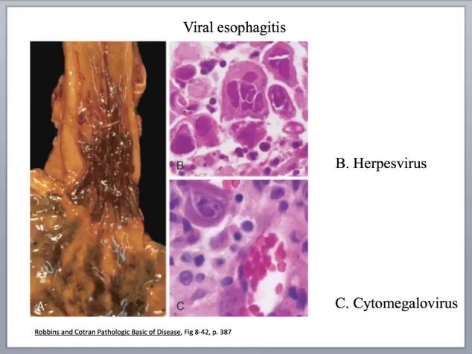Panel B shows the typical viral cytopathic effects of herpes virus, including multinucleated giant cells and enlarged nuclei, which have an eosinophilic appearance and sort of a glassy loss of nuclear chromatin detail. Panel C shows a typical feature of cytomegalovirus. Like the name suggests, the cells that are infected are enlarged and show characteristic Cowdry type A inclusions in the nucleus.